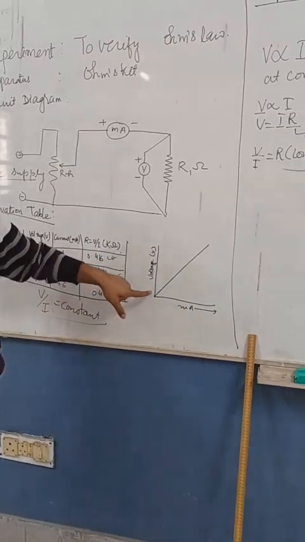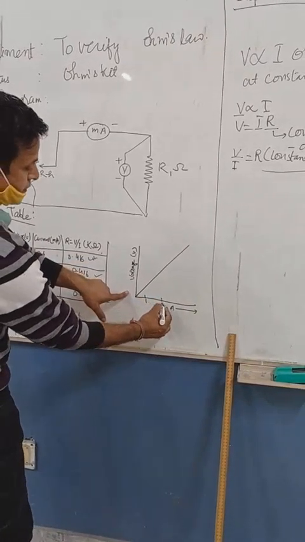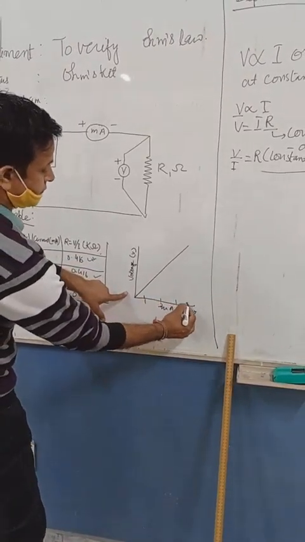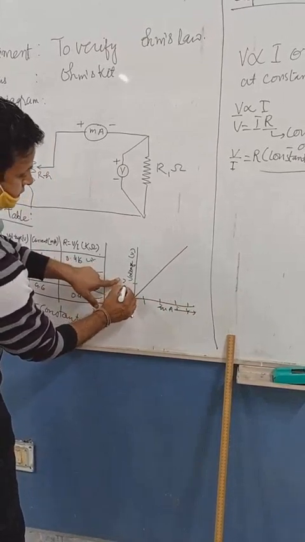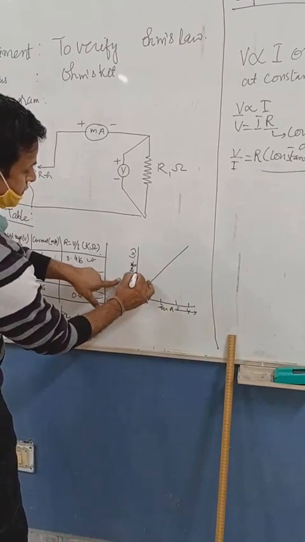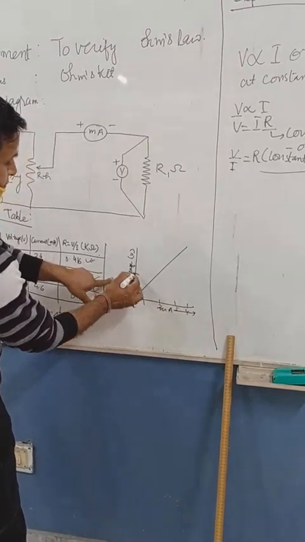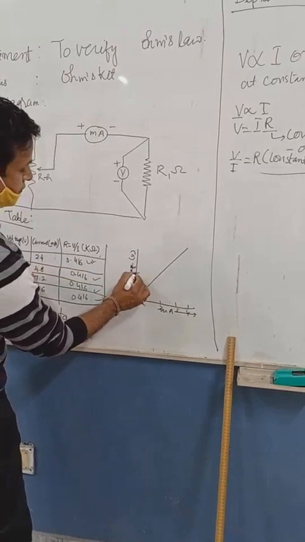And thereafter, when we plot the graph between V and I, we will see that here it is somewhere 2. When it is 2 milliamp, the voltage comes out to be 4.8, just below 5.